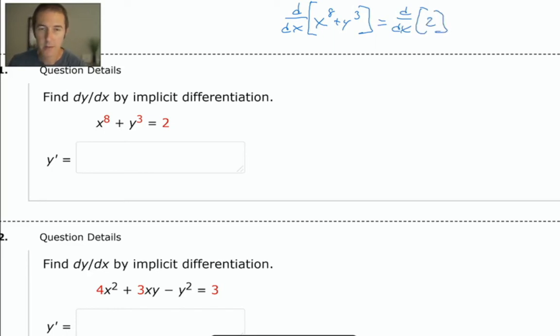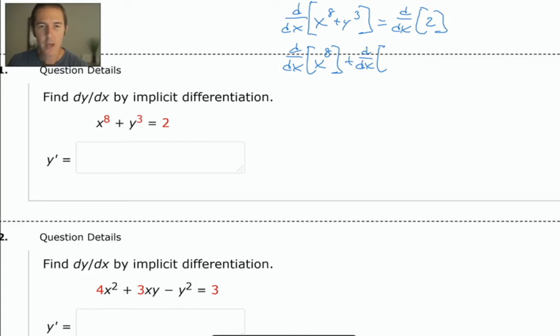On the left-hand side, we'll distribute the derivative process. So we'll take the derivative d over dx of x to the 8 plus we'll also take the derivative with respect to x of y to the third. Think of it as f of x to the third. In fact, let's try it.